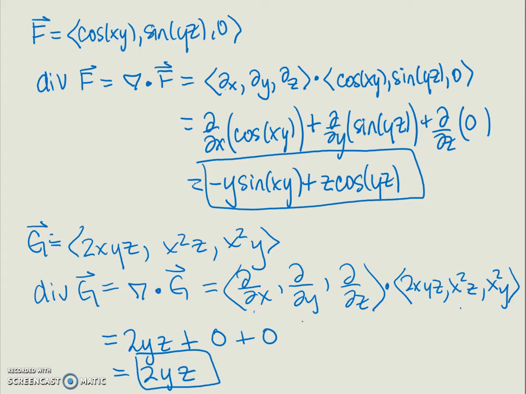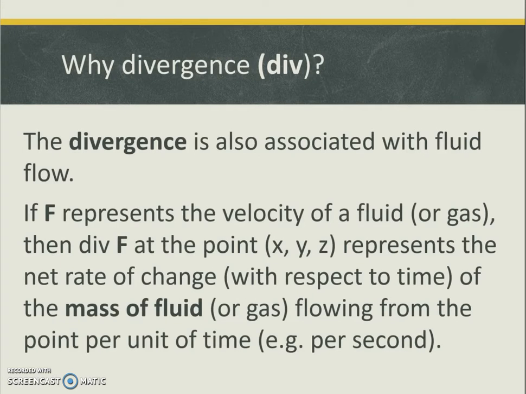So just another moment on why we're interested in divergence. It's also associated with fluid flow. So it provides important information. It represents the velocity of a fluid. So it could be a fluid. Gas is a fluid. If F represents that velocity, then the divergence represents the net rate of change with respect to time of the mass of fluid flowing from a point per unit of time.